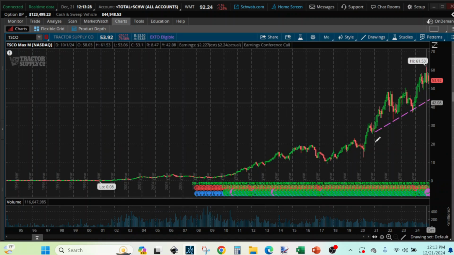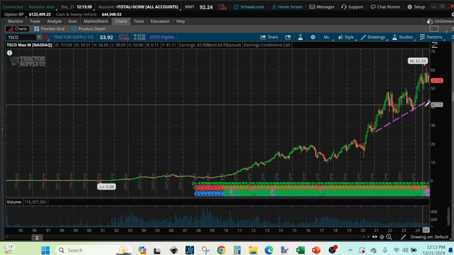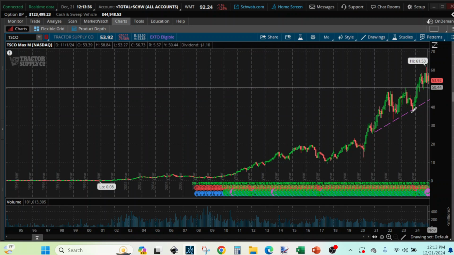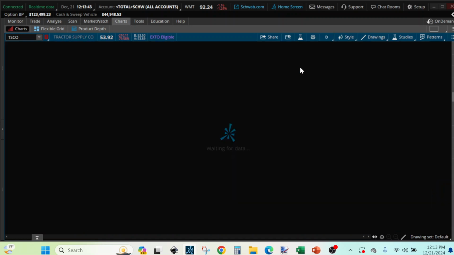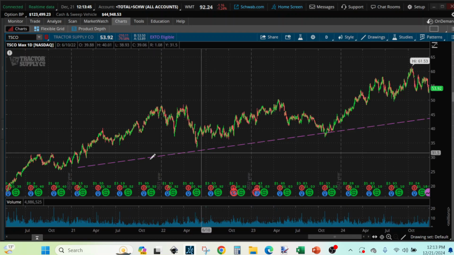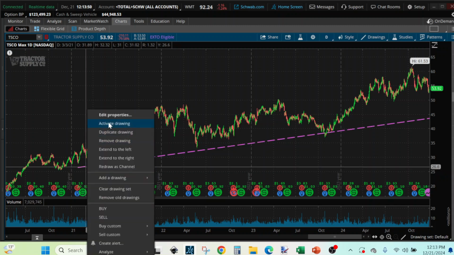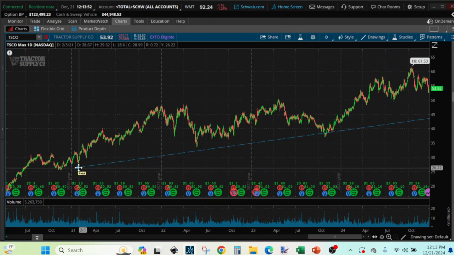Okay, so that is one line. Here is 2024, a 1 year line here. Let's go to the maximum daily chart, so we can extend it properly here, as we can see those better.